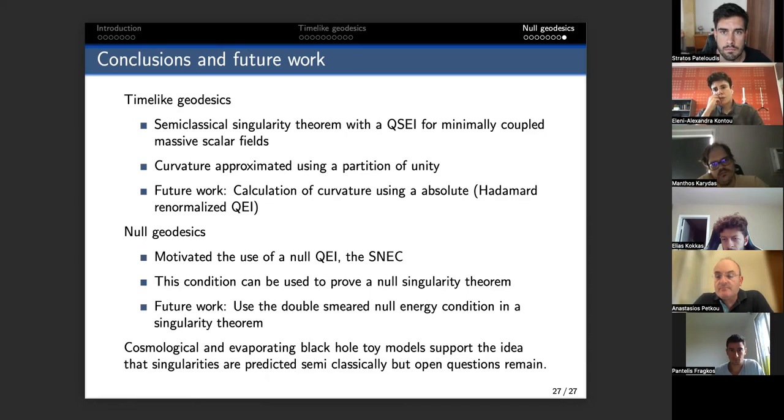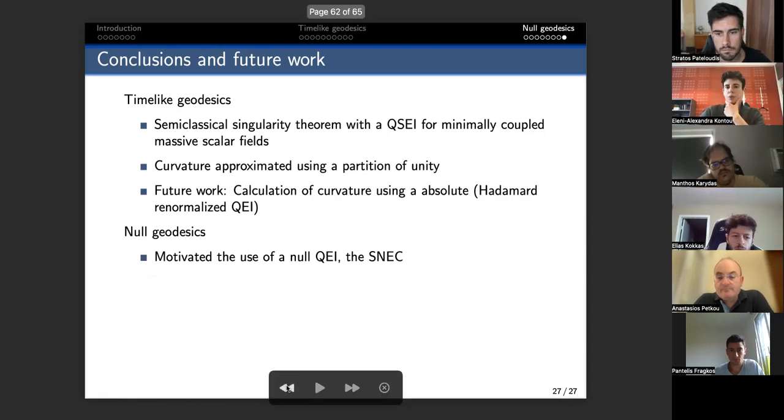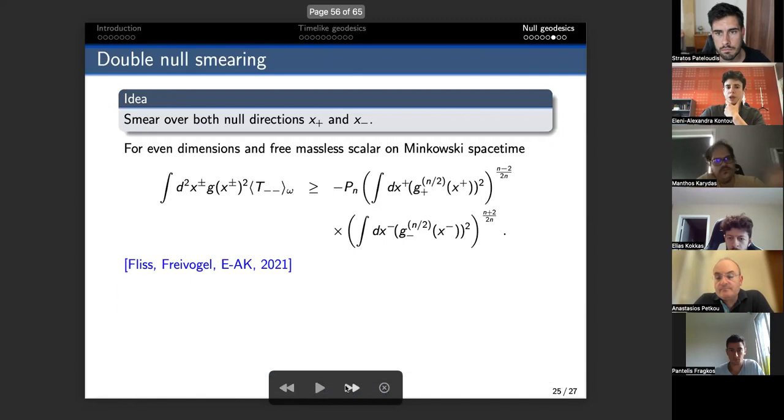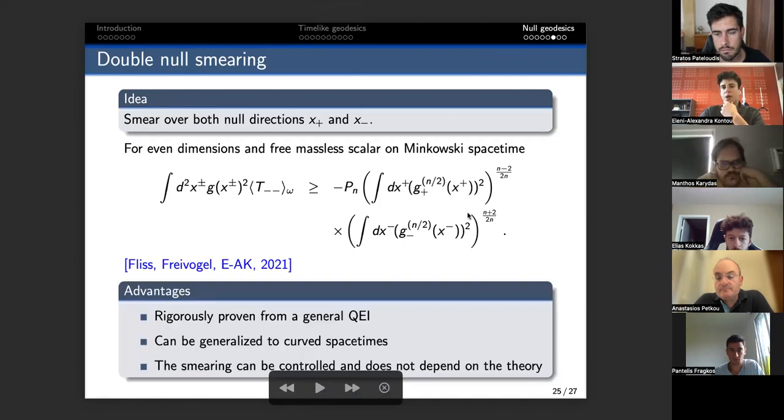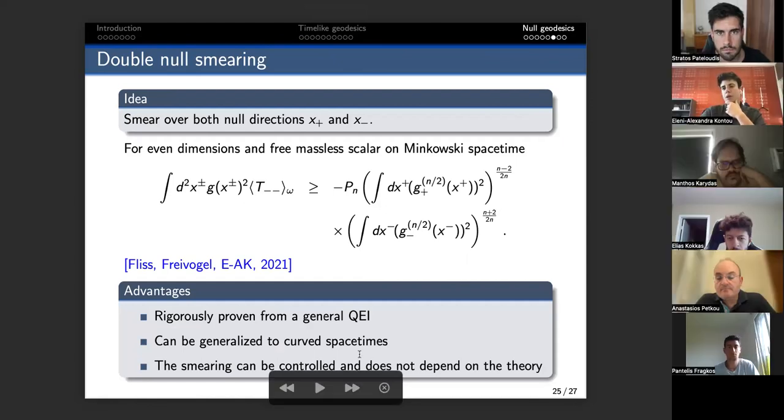I think one could prove things for odd dimensions. For the strong energy condition, it could be a problem to have 3 dimensions. You probably need to go to more, but for other cases, it's not a problem. For example, for the double smeared null energy condition that I showed you, this is for even dimensions, but we also have results for odd dimensions starting from 3. We don't have a singularity theorem for that, but I think it's possible.